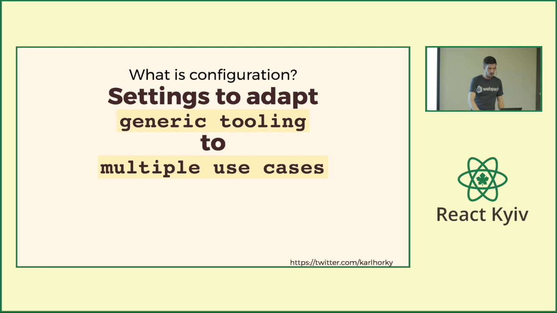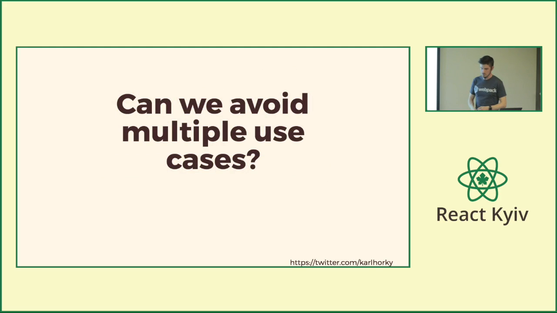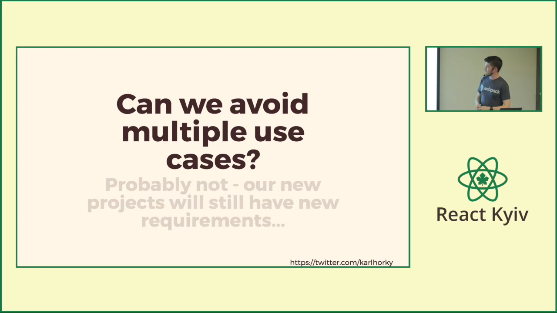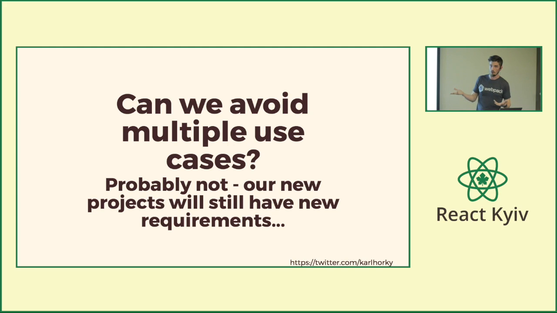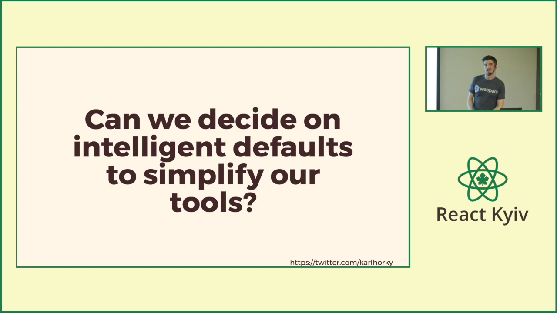Can we somehow get rid of these multiple use cases? They will not be going away. We're going to have to continue to do new projects. There's going to be new stuff that we want to work on, new things that come out. We want to be able to use them. We can't just stop and be static. That doesn't work. But maybe we can do something like intelligent defaults.